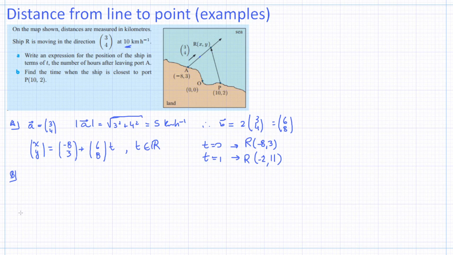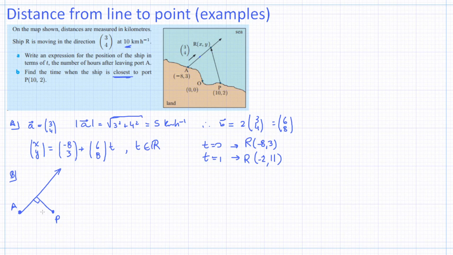So let's draw this. I've got this line, which is my line AR, right? That's the line that we have this equation for. That's the line that describes where my ship's going. This is point A. And I've got another point here, which is point P. If I want to find the closest, I should get the line which is perpendicular to that line, right?